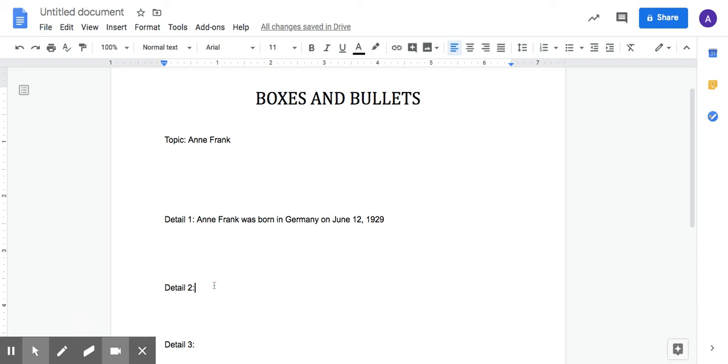So I'm going to go in here and say, Anne's family was Jewish and they had to hide in an annex, that's a secret room, where she kept a diary.